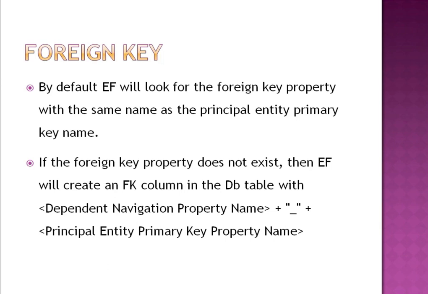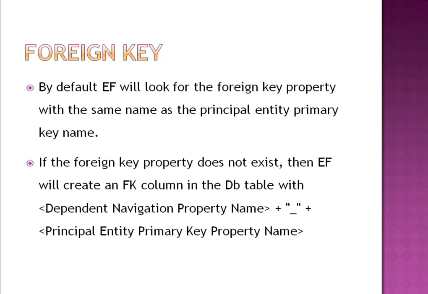Now, if we mistakenly do not specify the foreign key property, then based on our navigation properties, Entity Framework will create a foreign key column. To establish a relationship between classes, we have to use a navigation property.